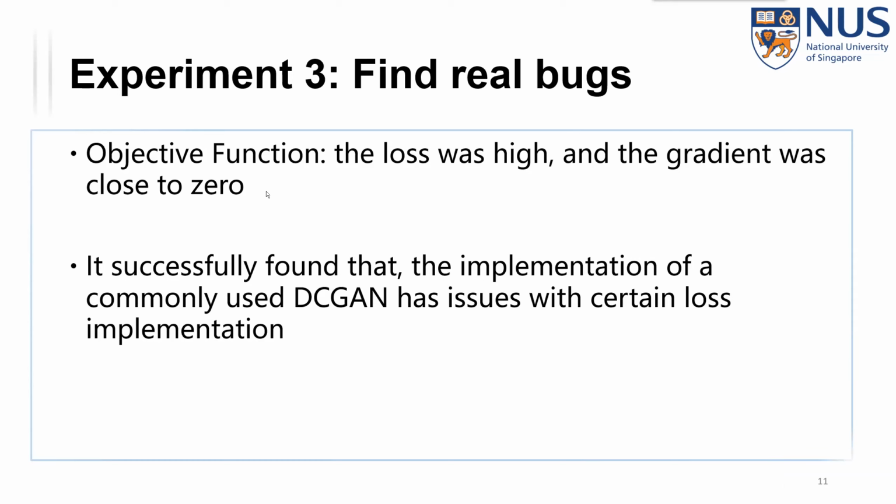Usually if such things happen, it means that the implementation has some problem. And they successfully found that this repo has some implementation bugs, and they used TensorFuzz to find it. Several samples have such phenomena, and after looking into it, they found that this one has some bugs, and they have to fix it.